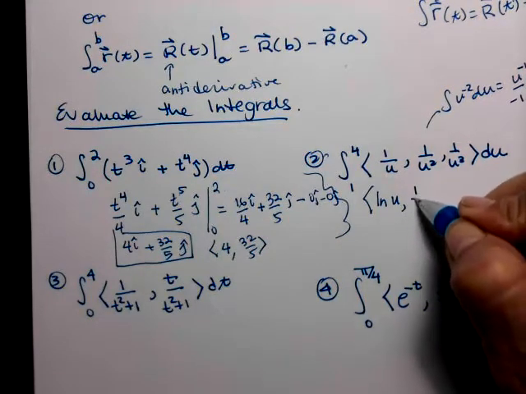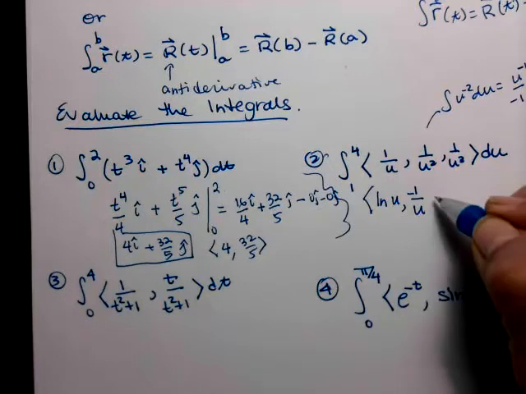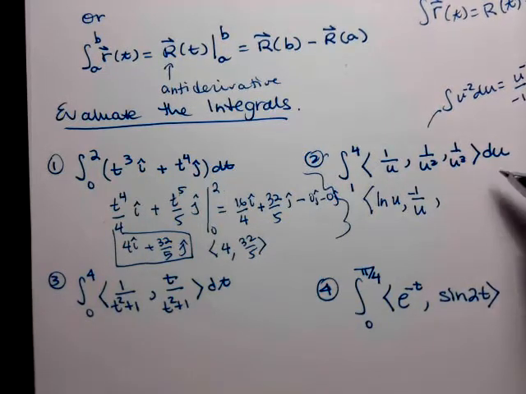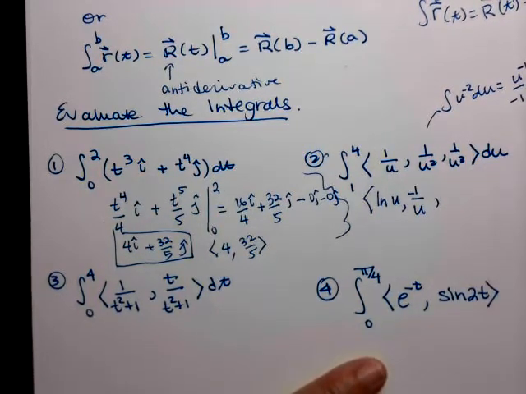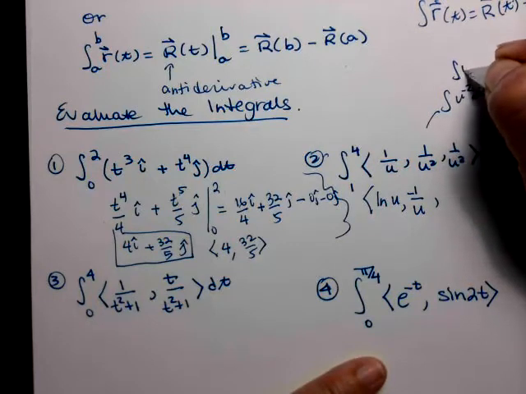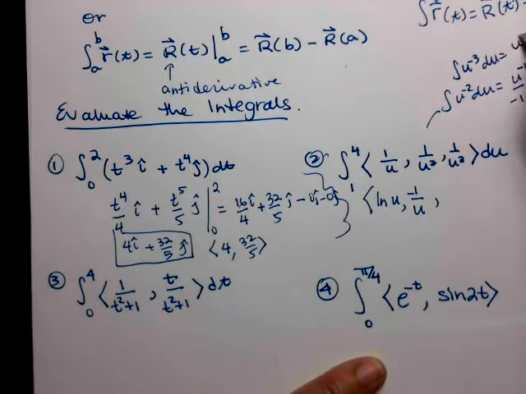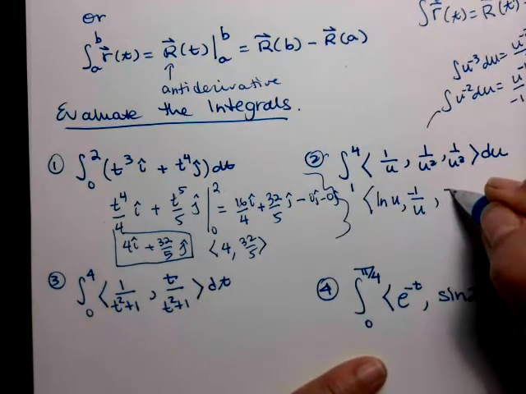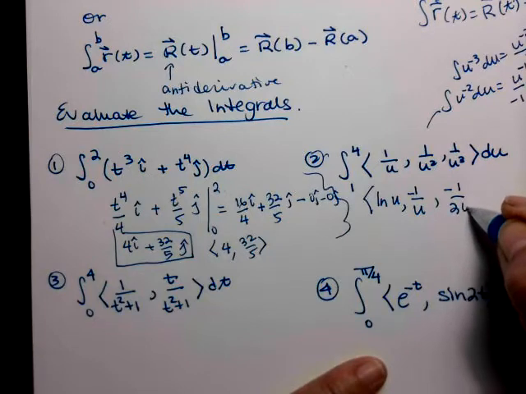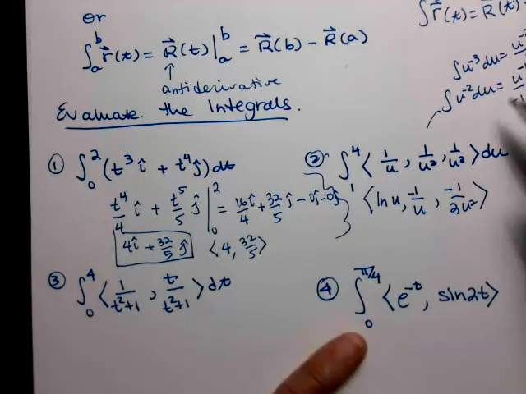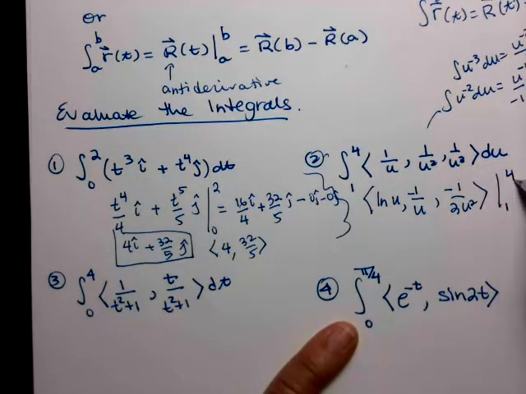So that next term will be negative 1 over u. And then finally, integrating 1 over u cubed, integrating u to the negative 3 du. So add 1, that'll be u to the negative 2, divided by the new exponent, negative 2, so that'll be negative 1 over 2u squared. And then we're evaluating between 1 and 4.